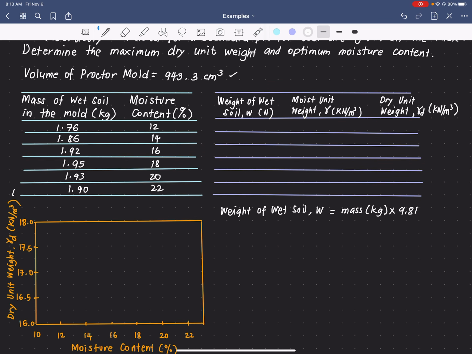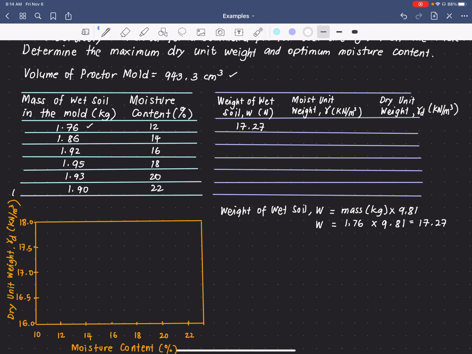So in doing this calculation, let us have one trial. Say W is equal to 1.76, we have the first trial, multiplied by 9.81, and this will give us 17.27. So this is 17.27. This is for the first trial.